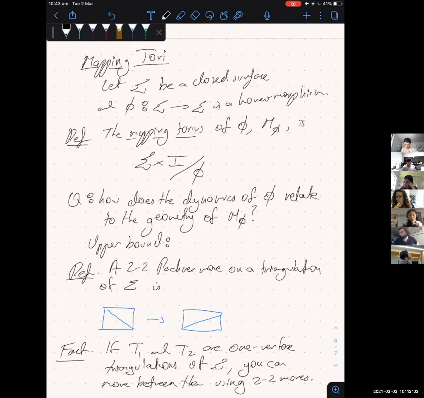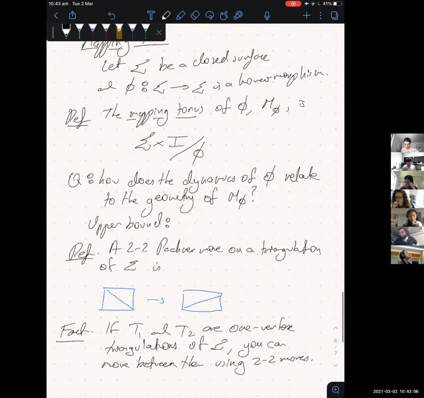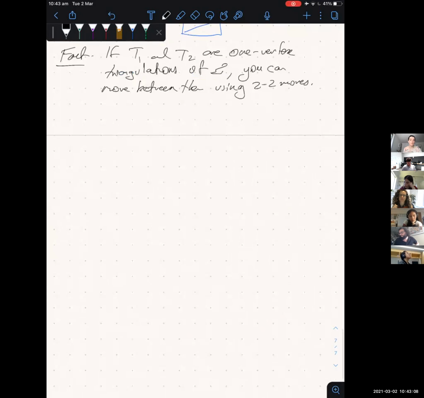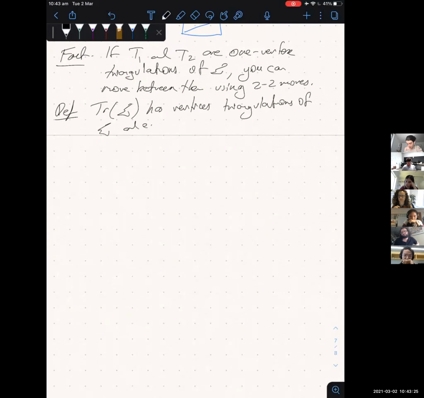All right, so what this is to say is that if I define the triangulation graph of our surface to have vertices that are triangulations of a particular surface and edges that are 2-2 moves, then this fact is really just saying that this graph is connected. Right, so this is connected.